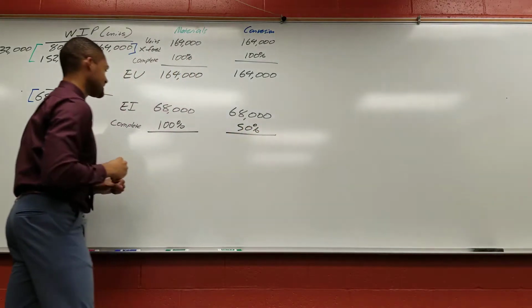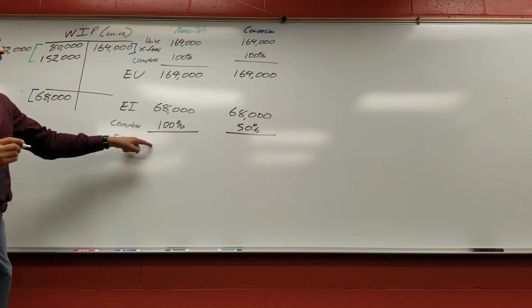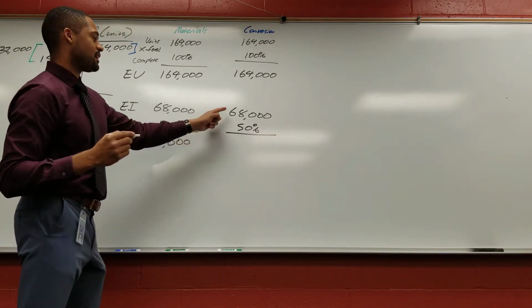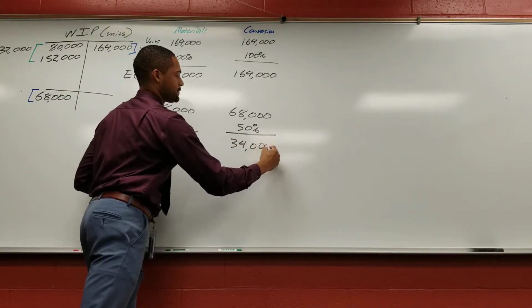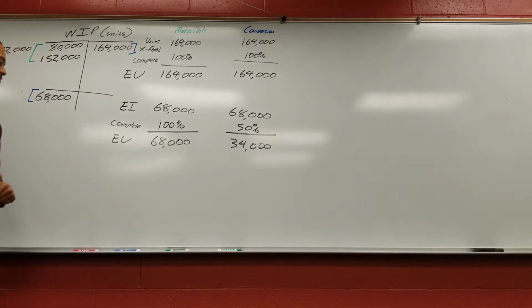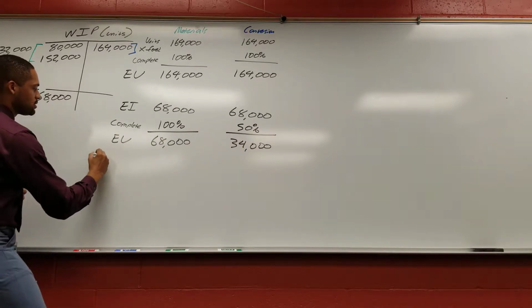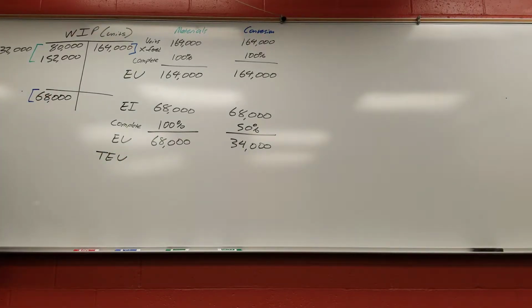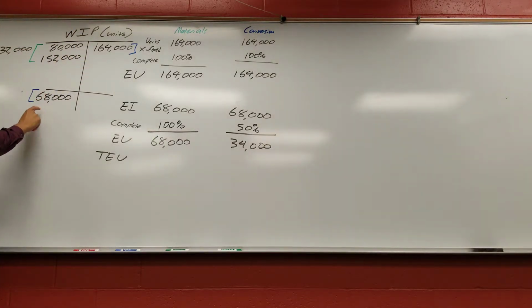Same procedure as last time. Equivalent units in ending inventory, 68,000 times 100% gives us 68,000. 68,000 times 50% gives us 34,000. There we have it. Finally, we want total equivalent units. Total equivalent units consists of the equivalent units that got transferred out and the equivalent units in ending inventory.